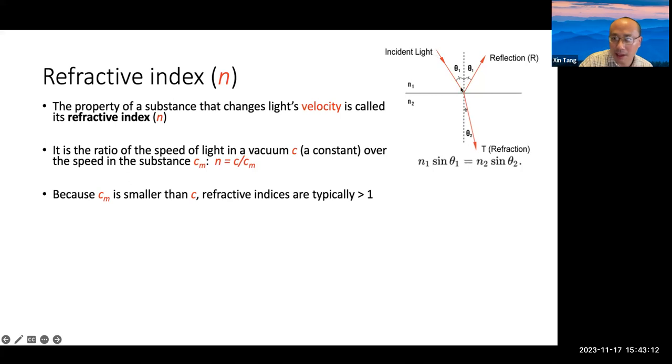The incident light comes in, and some of the light gets reflected on the surface. These two different materials have two different refractive indices. One is the air, one is the water or the glass.